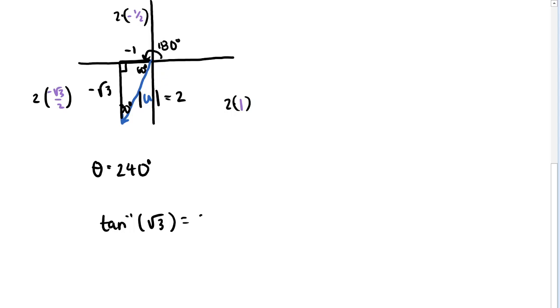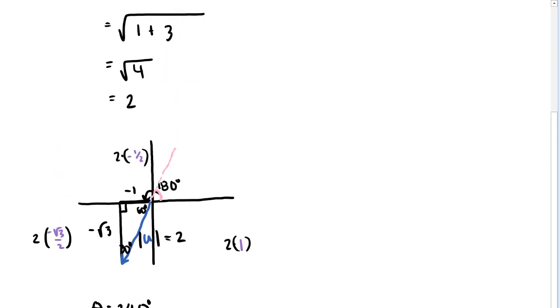This would have given us 60 degrees, this angle here. Because our vector is pointed to the left and not to the right, tangent inverse is not going to give us the correct angle. It's going to be off by 180 degrees. We would have had to add 60 and 180 degrees together to get our correct angle, and that's what we did here.